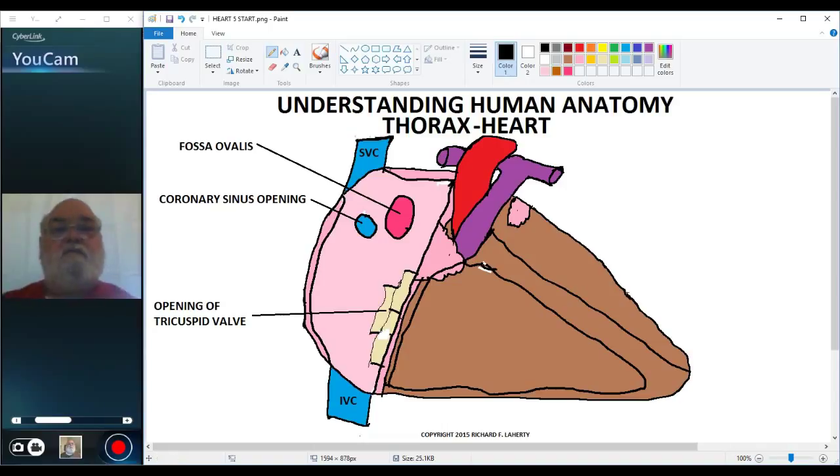And like I did with the atrium, I'm going to color this a little bit differently. Let me erase out the auricle. And we'll color this a slightly different color than we did the external wall.